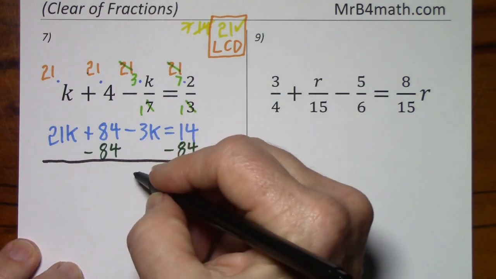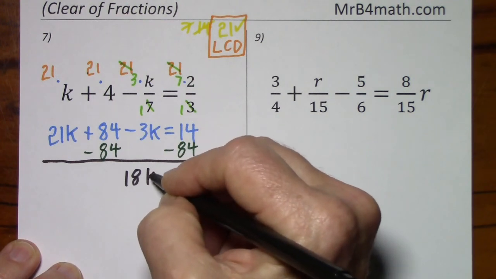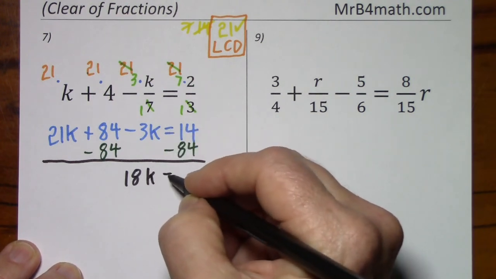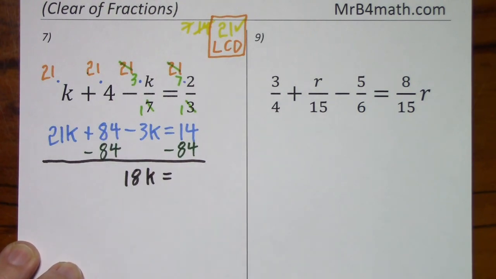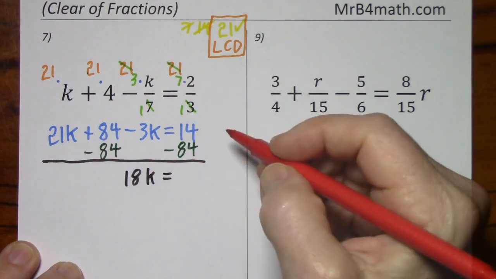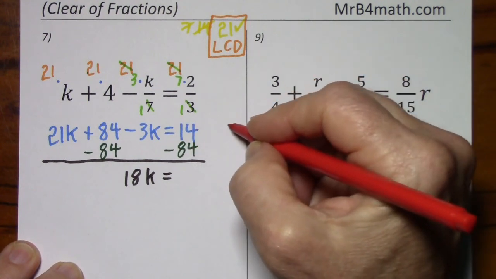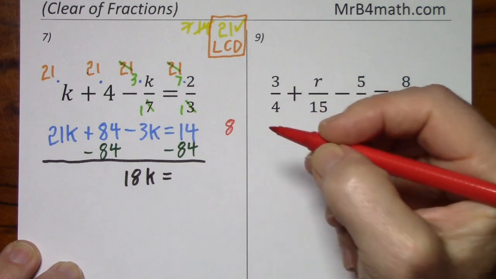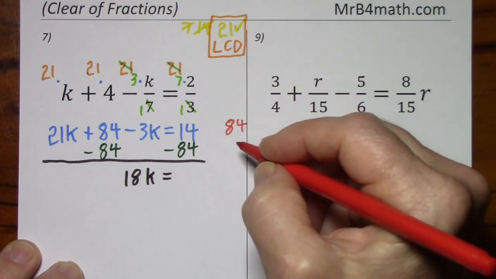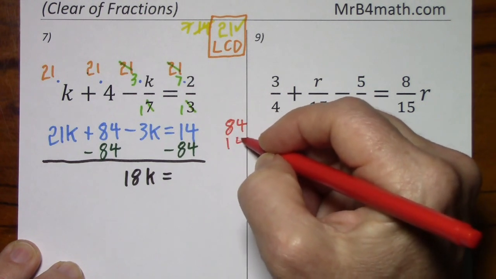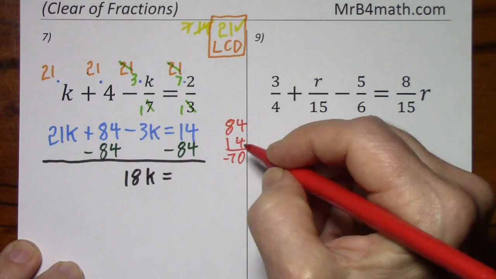This leaves us with 18k on one side. Bring down the equal. Positive 84, negative 84 leaves me a 0. I don't have to write it. And here, just to emphasize, signs are different. I will subtract. Technically, well, this is 84, and you subtract 14. So that gives you a negative 70.